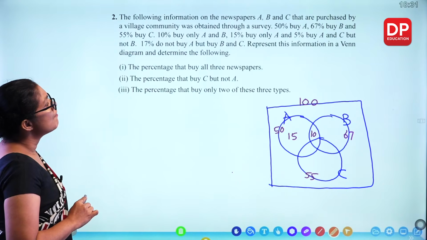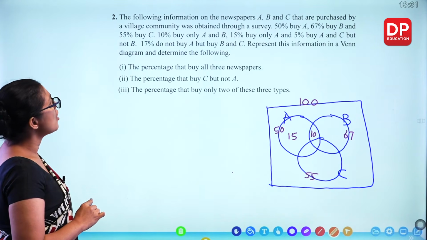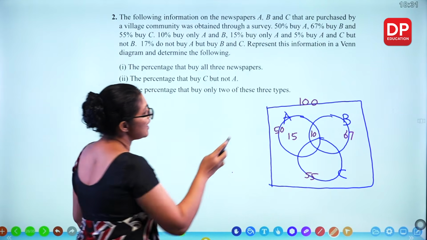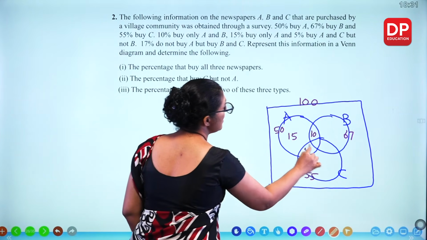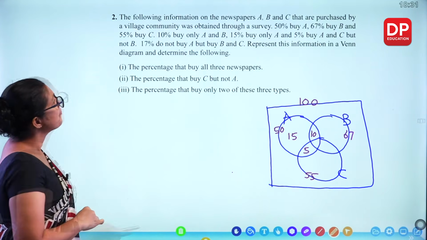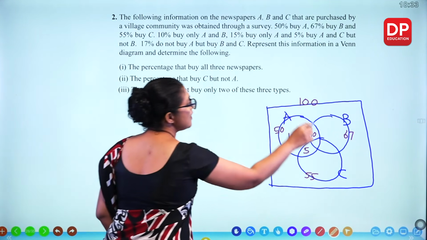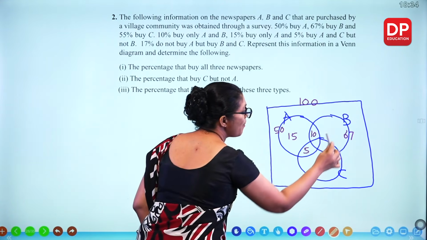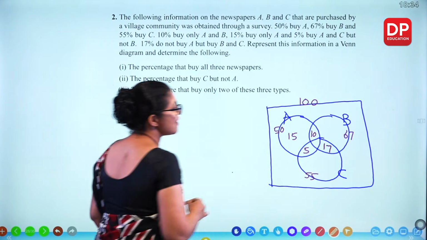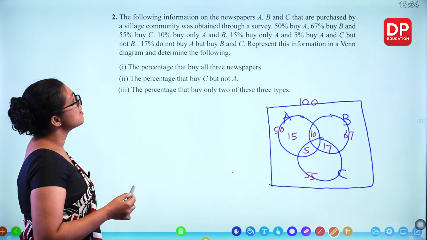And 5% by A and C, but not B. 5% A and C, but not B, means this one is 5. Now this one, 17% do not buy A. That means outside A, but by B and C, the common region. So this is 17 given. Represent this information in a Venn diagram and determine the following.